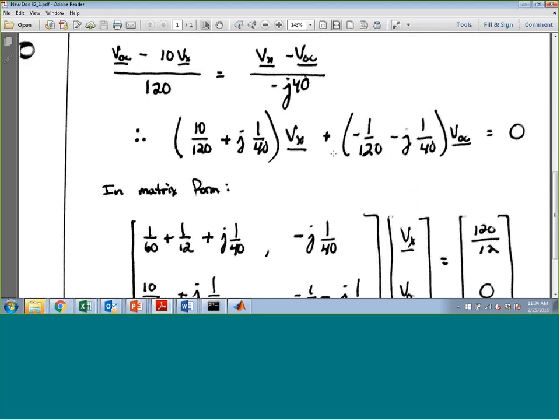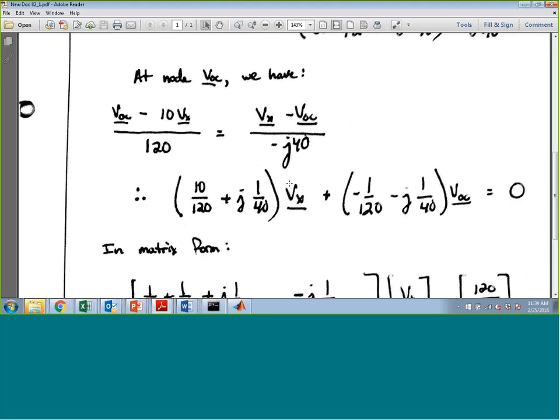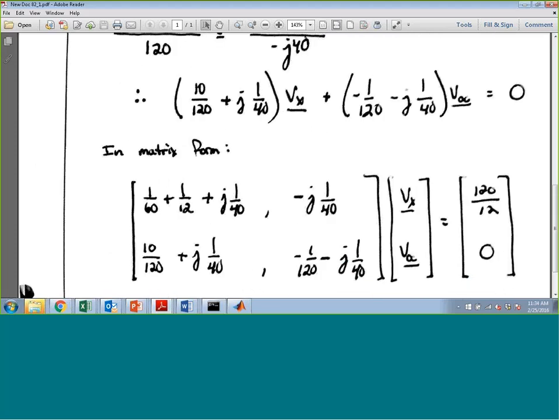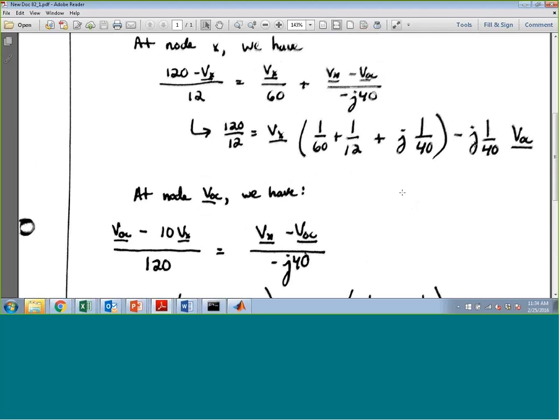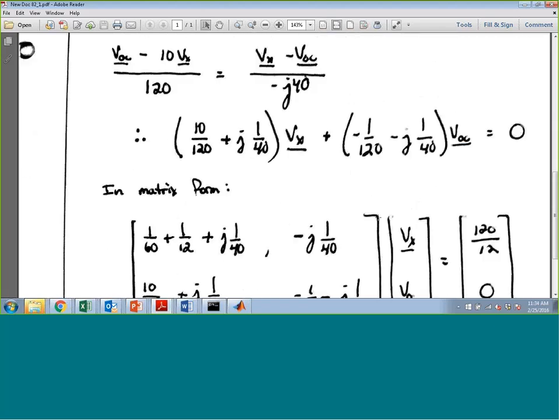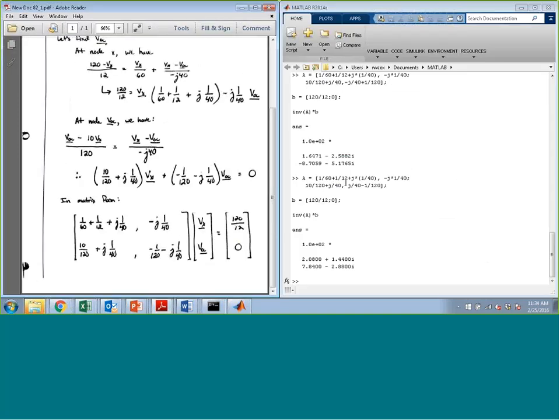If I look at the other equation, again, there's the coefficient times Vx, and this coefficient, minus j over 40, times VOC equals 120 over 12. So I've got that equation. Let me move that over here to the side so we can still see it.